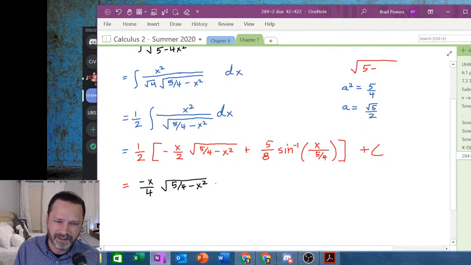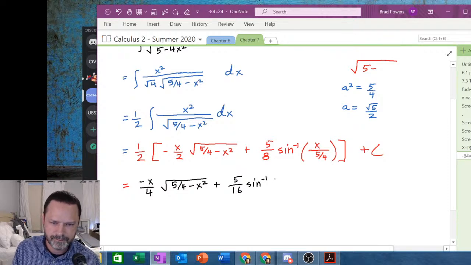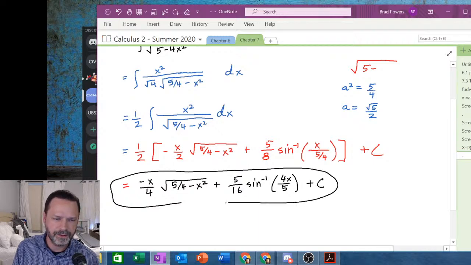There's lots of things we could do to change the way this thing looks. 1/2 times 5/8, that's 5/16, inverse sine of 4x over 5. I don't know, that bothers me for some reason. Plus c. And we'd call it a day. We say that's good enough. That looks wonderful.